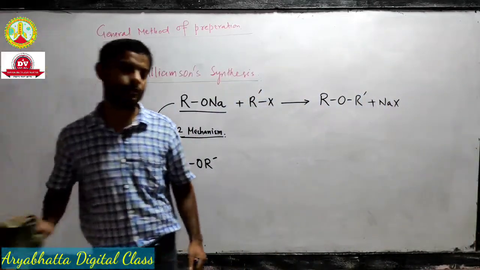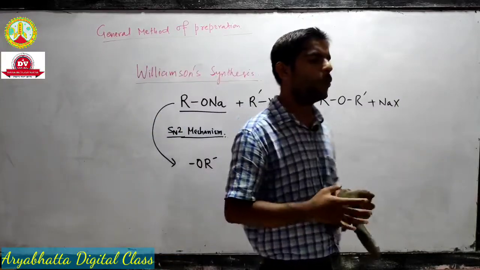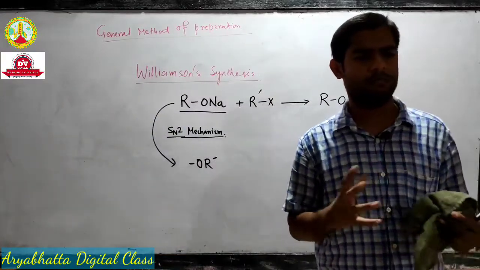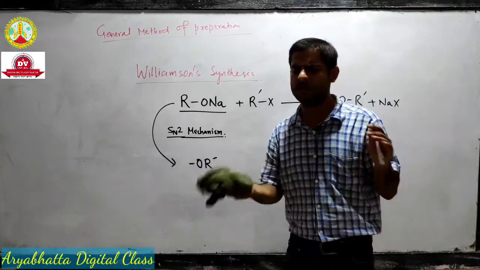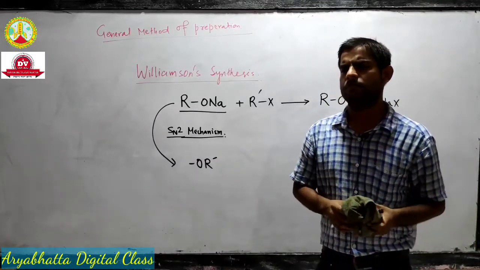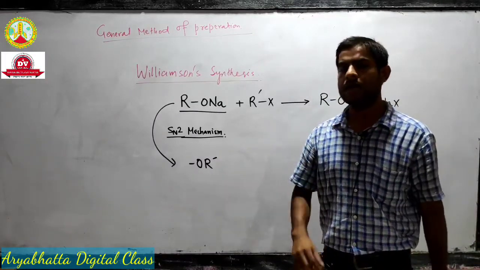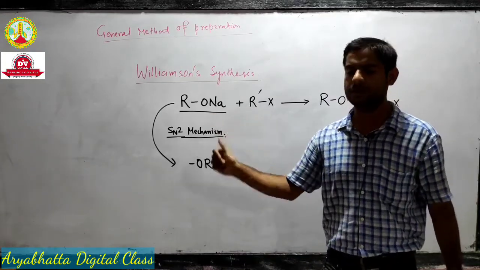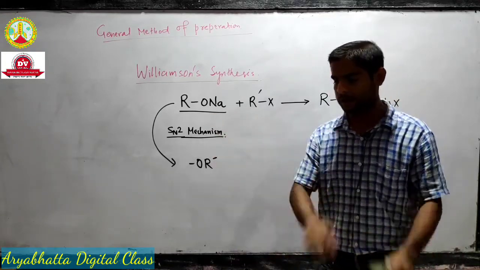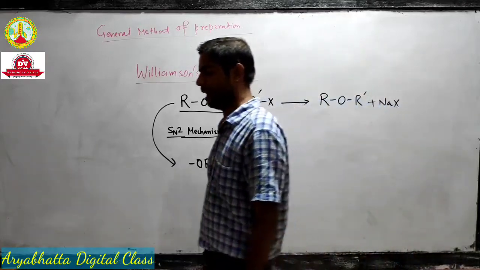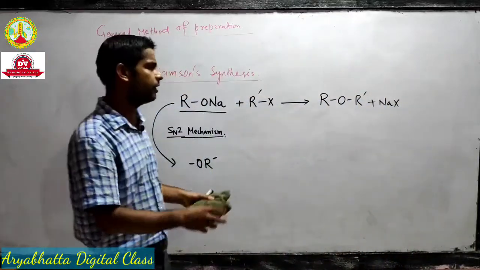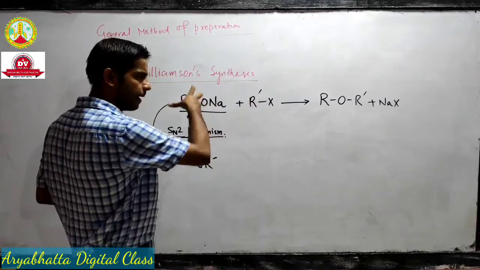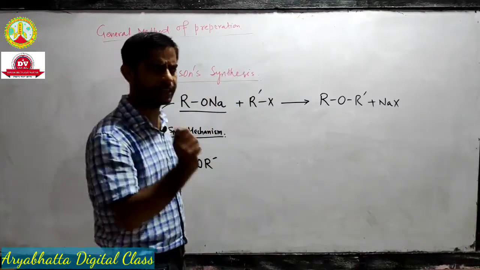Now the question is what kind of reaction will take place, and what are the precautions, or how switching the alkoxide part or alkyl halide part will change our reaction, because this reaction is a bit tricky.